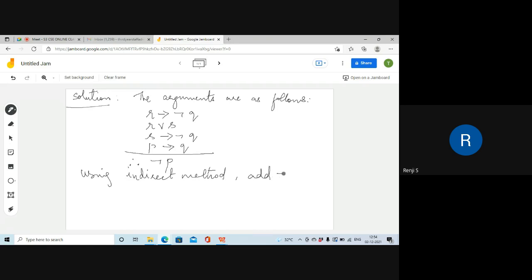add not of not P. Here this is the conclusion, isn't it? So negate the conclusion. Not of conclusion is not of not P, which is equivalent to P, as an additional premise. Add it as an additional premise and prove a contradiction.